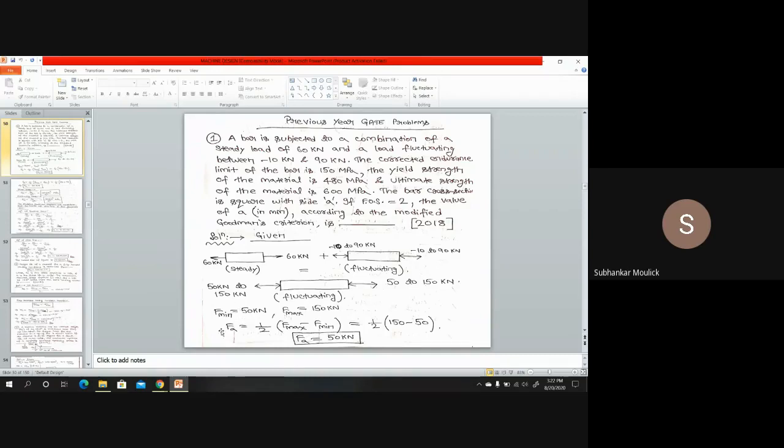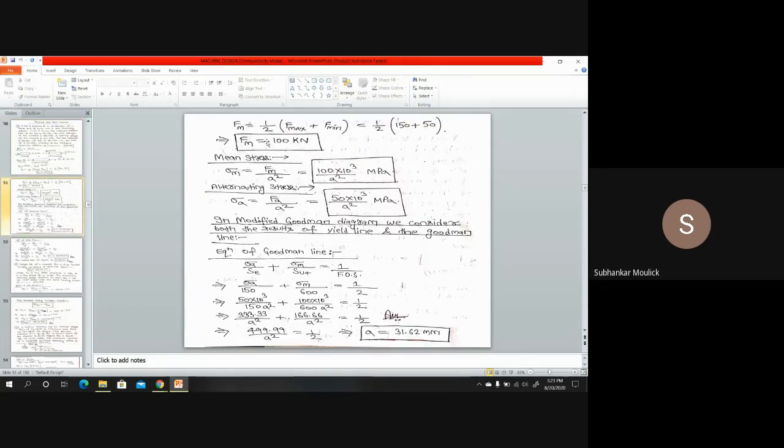Combination of mean and alternating is creating fatigue in this problem. So if we have calculated the alternating load and mean load, we can calculate the alternating stress and mean stress. Mean stress sigma m is what? Mean load divided by cross sectional area of the square, and area of the square is nothing but side square.